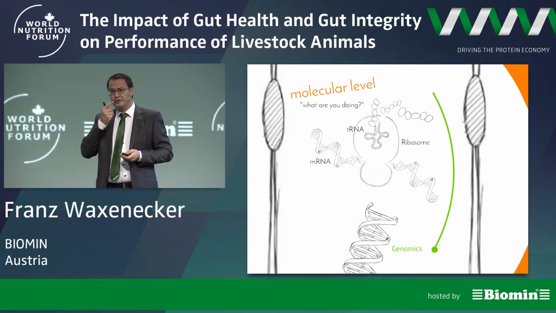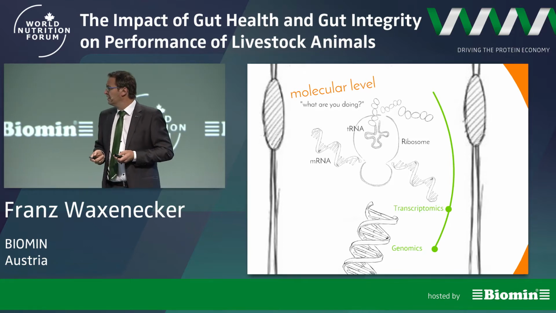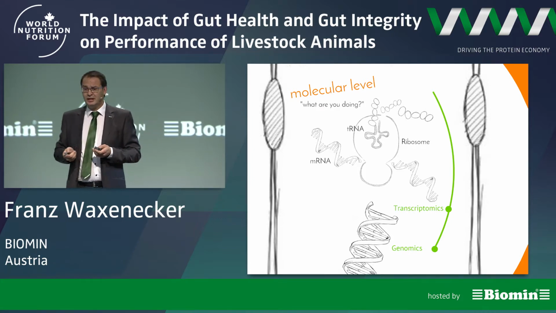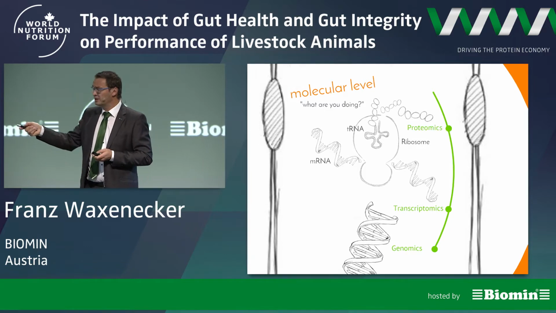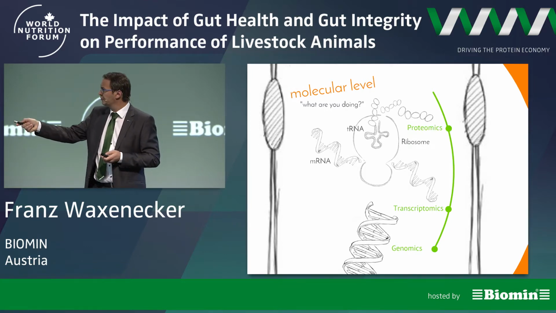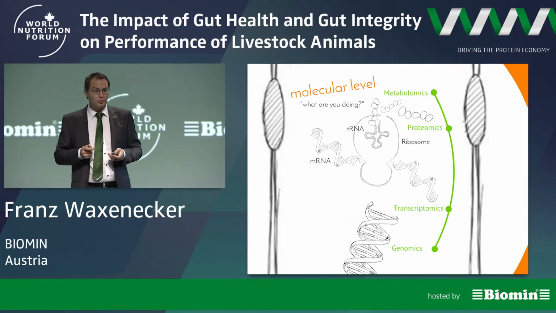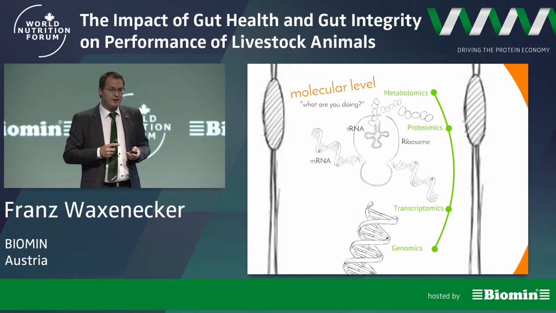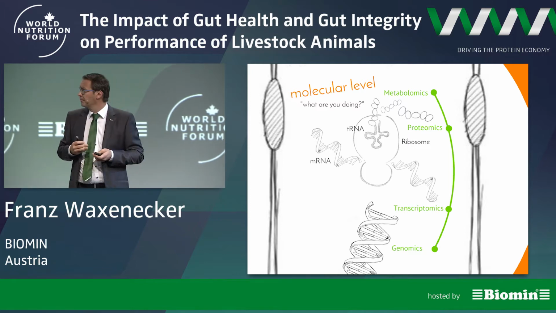That's why a series of other technologies developed during the years, which are called the transcriptomics, which is simply the transcription from DNA on mRNA level, the proteomics, telling us which of these mRNA is converted into a protein, and finally the metabolomics, telling us which impact those proteins do have on the metabolites produced by such an intestinal or tissue cell.